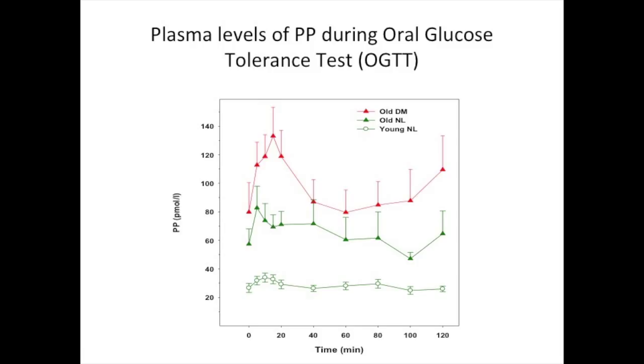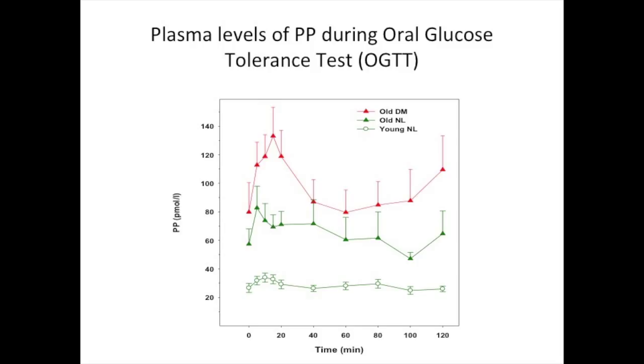Here are healthy subjects over the age of 65, who start off with a much more elevated basal level of PP, rises more dramatically and then falls. And here are elderly patients with type 2 diabetes. They have even a higher basal level, levels achieve even higher levels, and then fall.